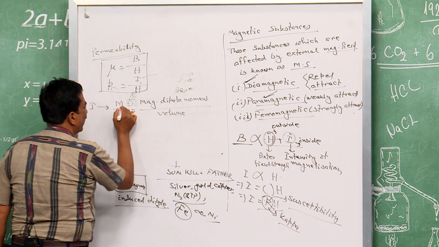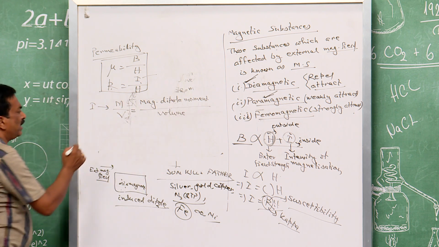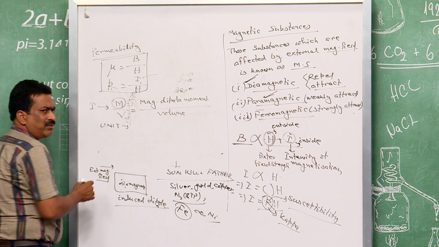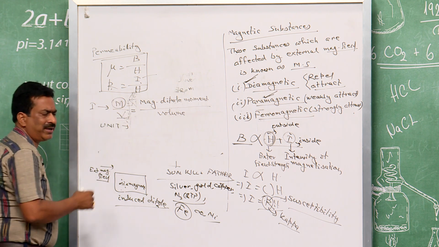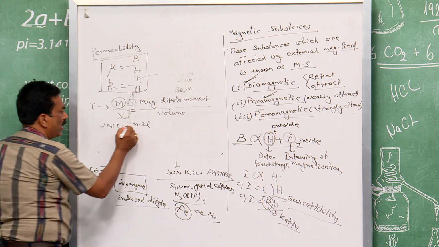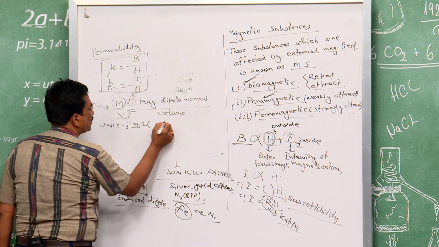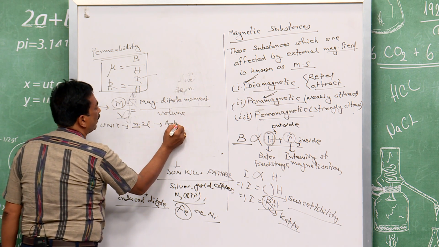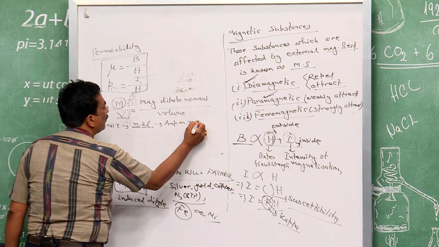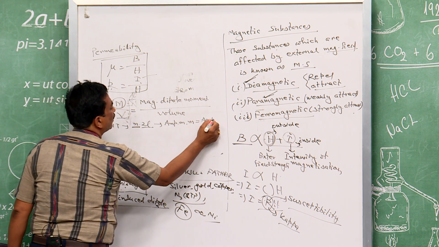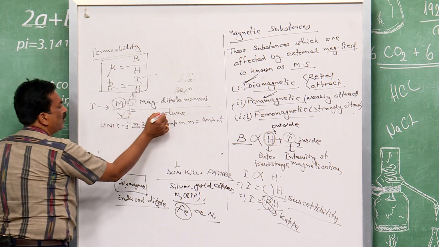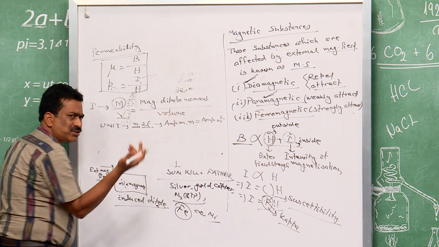So, if it is the magnetic dipole moment per volume, then what will be its unit? It means the dipole moment unit by the volume unit, and the dipole moment is equal to m into 2l. Here m is the pole strength, that is ampere meter, and 2l is the length, that is meter. Therefore, this is ampere into meter square, and the denominator is the volume, which is meter cube.